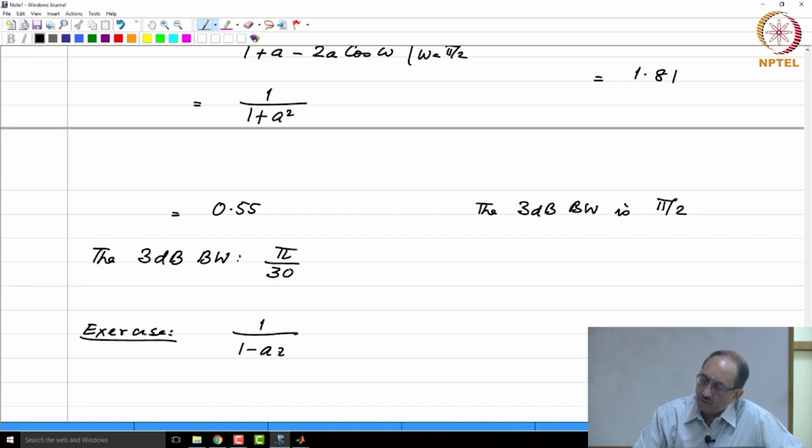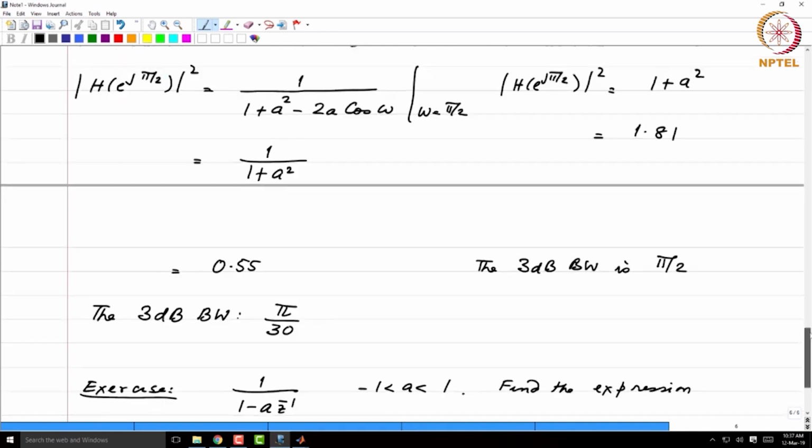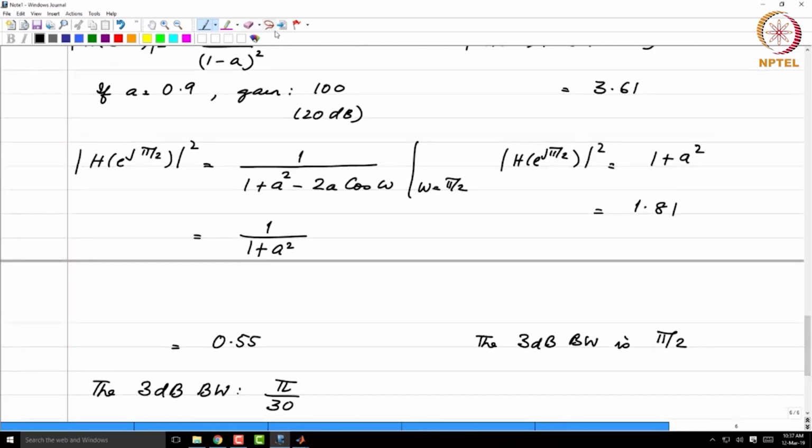So, 1 by 1 minus a z inverse. Find the expression for the 3 dB bandwidth. So, this is H of z. You need to calculate |H(e^{jω})|^2, and it is an expression like this.